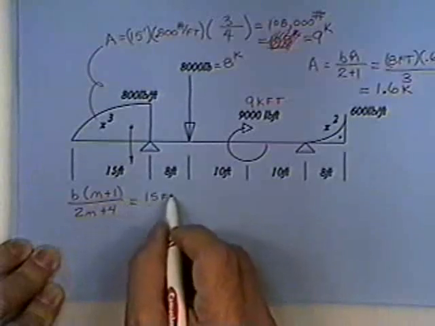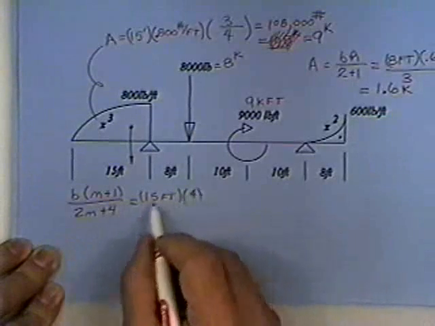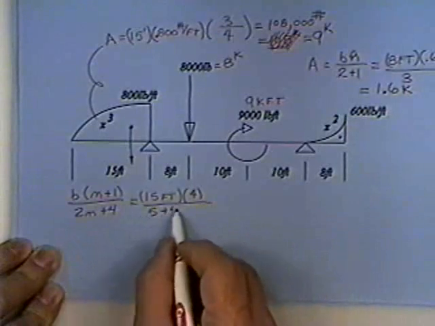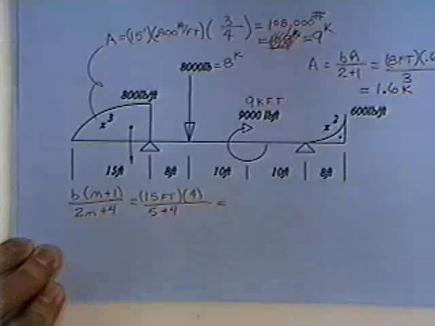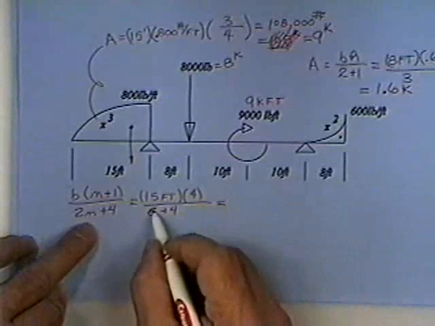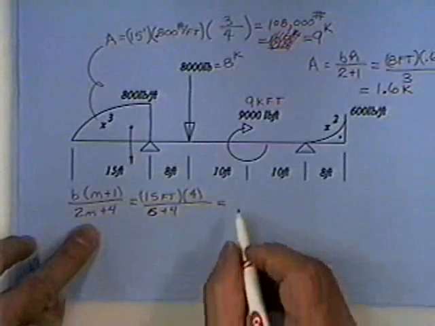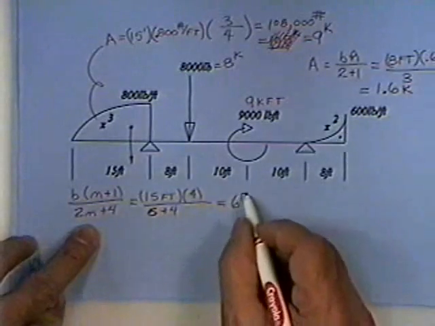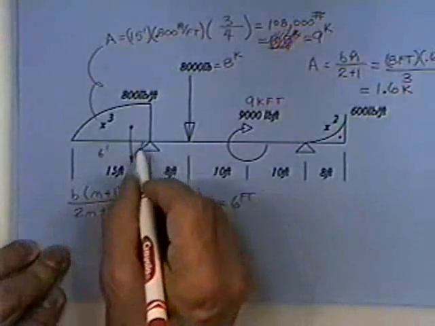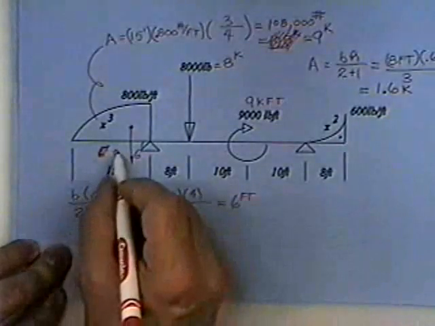For us, that's 15 feet times the power of the curve, 3 plus 1 is 4, divided by 2 times 3, that's 6, plus 4. Makes it come out a lot nicer. 6 feet. 6 feet out of 15 feet leaves me with 9 feet.